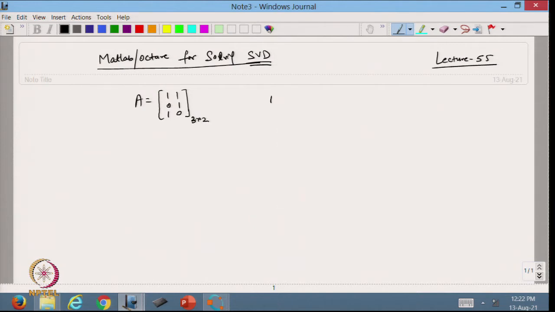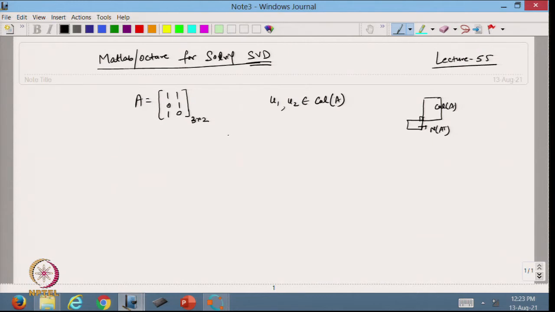We find U1 and U2 that belong to the column space of A. We also know that the column space of A and the null space of A transpose are orthogonal to each other.